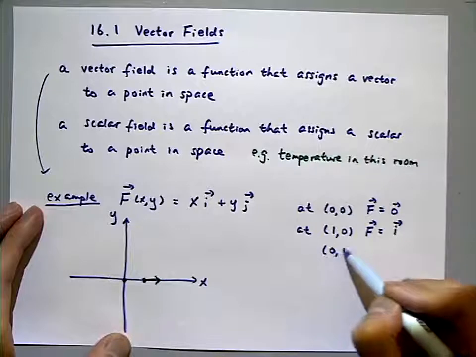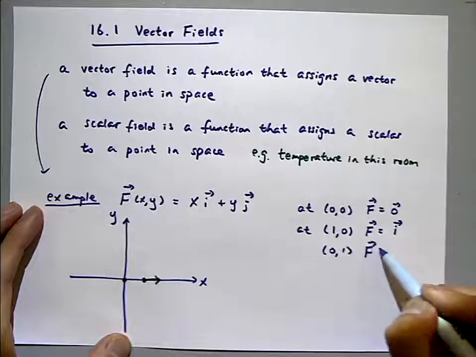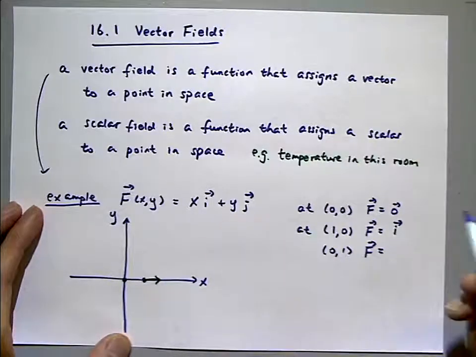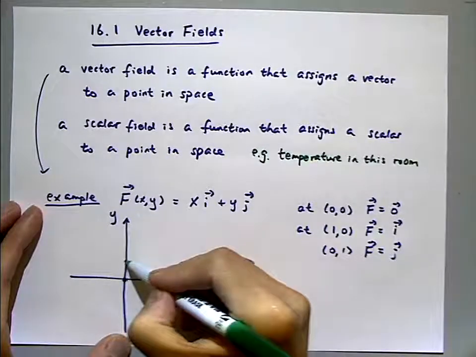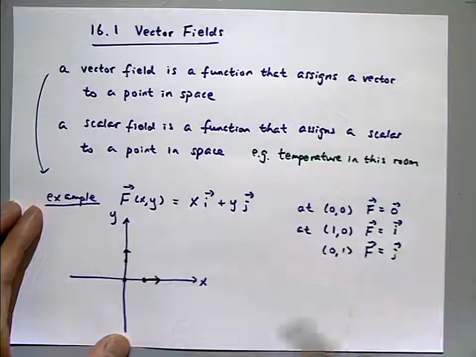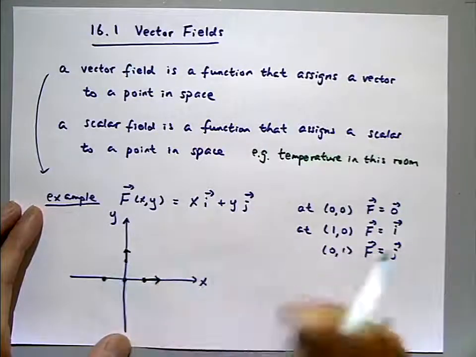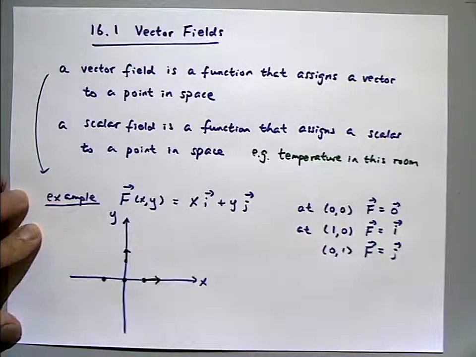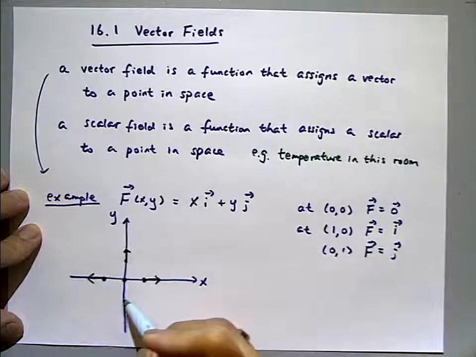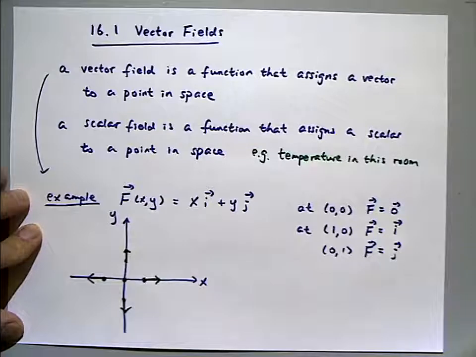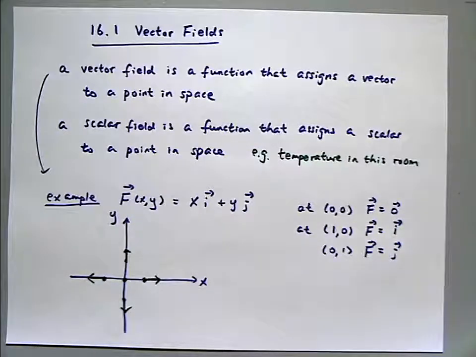Let's just pick a few more. At 0, 1, the vector looks like j, so it's going to go like that. At minus 1, 0, it will go this way. At 0, minus 1, it goes down this way. Okay, you get the idea? Pick a point, find a vector.